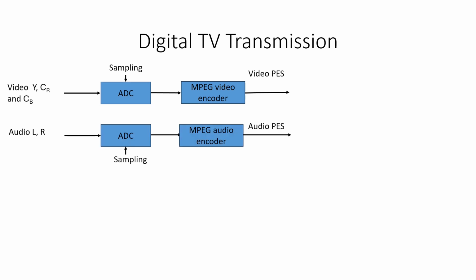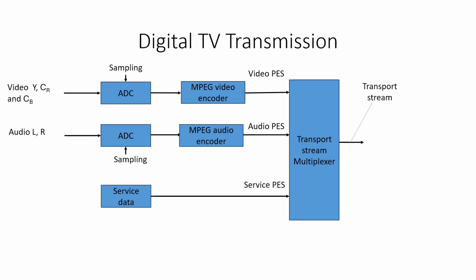The audio left and right channels are also sampled in another ADC and are then encoded using the MPEG audio encoder to produce the audio PES. In addition, service data, for example subtitles and electronic program guides, are generated in digital form, so they require no encoding and are produced as a service PES.